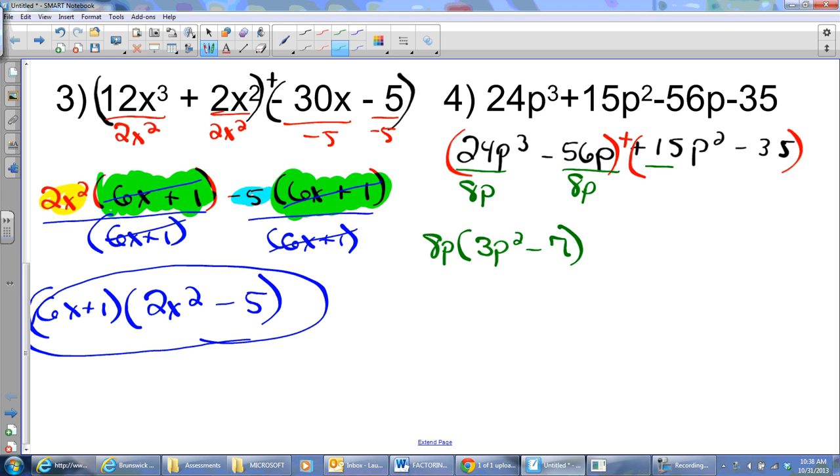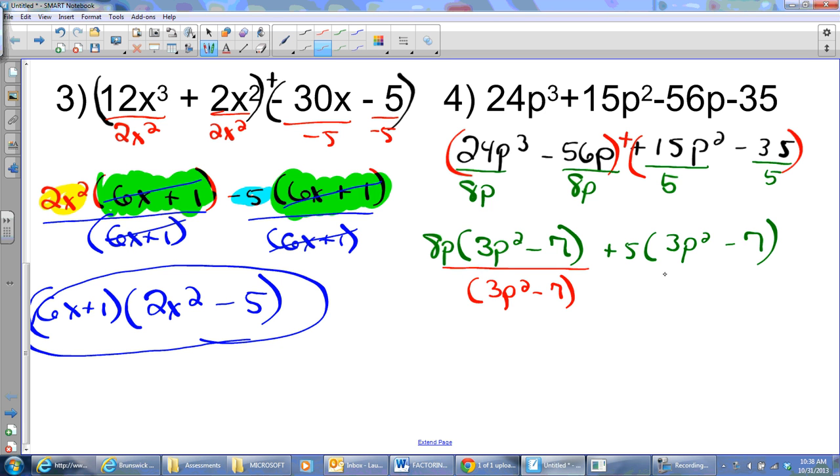Over here, I'm thinking that 5 is my GCF. And I'm going to pull out that 5. I'll be left with a 3p squared and a minus 7. And look, they match. So one last time, the common factor between the two terms is 3p squared minus 7.